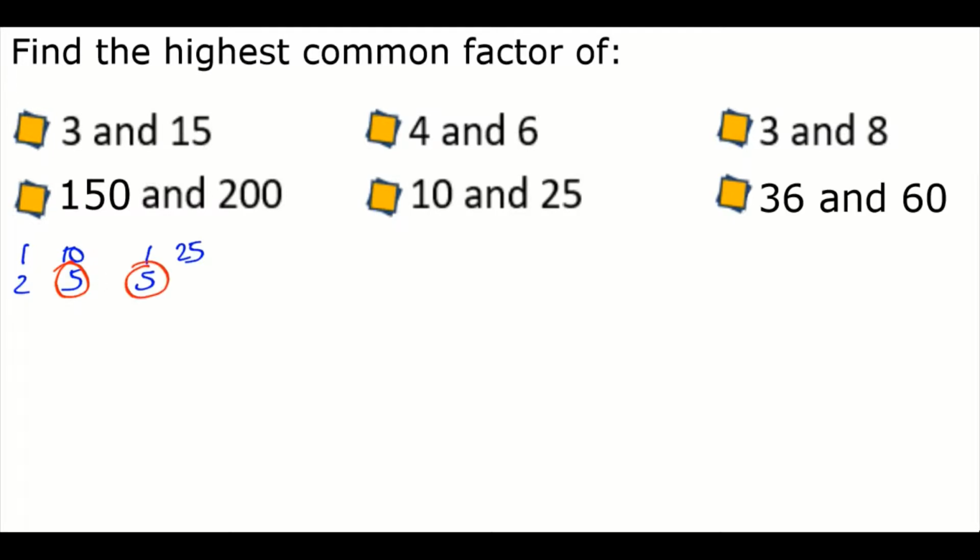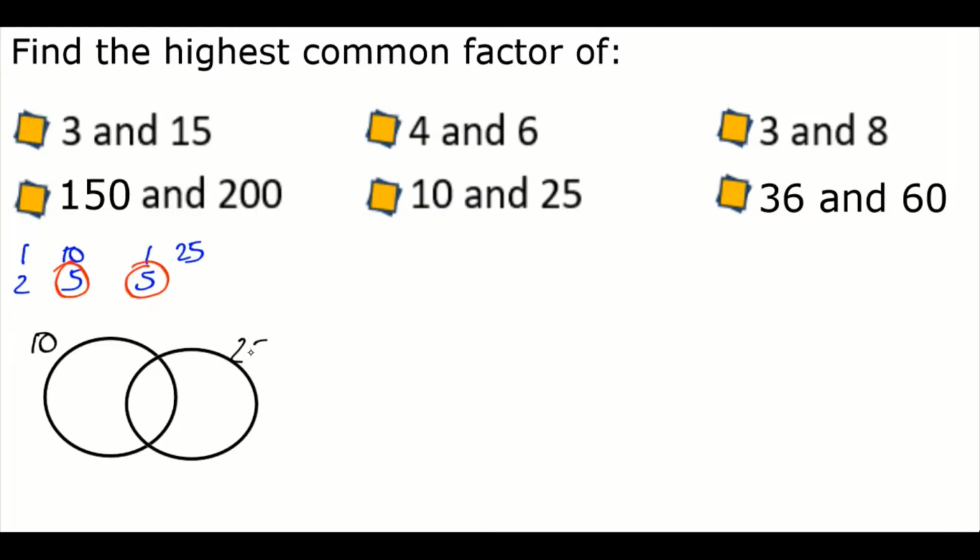Now in that example, because there's not too many factors, that didn't really take very long. What we could do though is use the Venn diagram, and in particular what we're interested in will be what's in the intersection, because it will be a factor of both numbers.